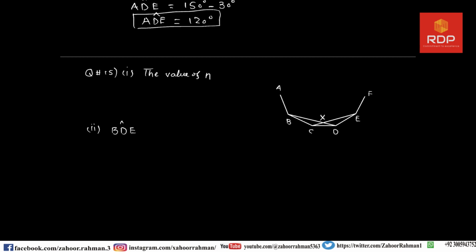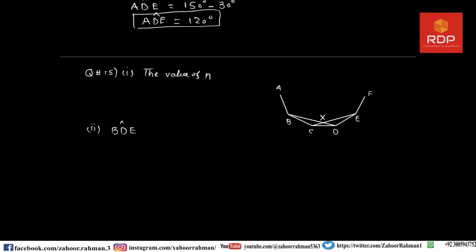Now the final question for today, and that is the final basic intermediate level question. Tomorrow we will do advanced level questions. So the figure is given like this: A, B, C, D, E, F, and X is also a point given to you.